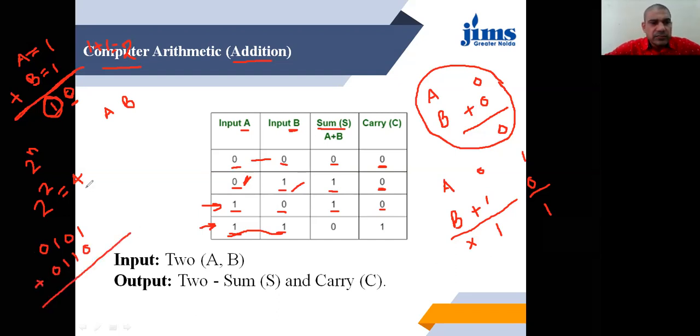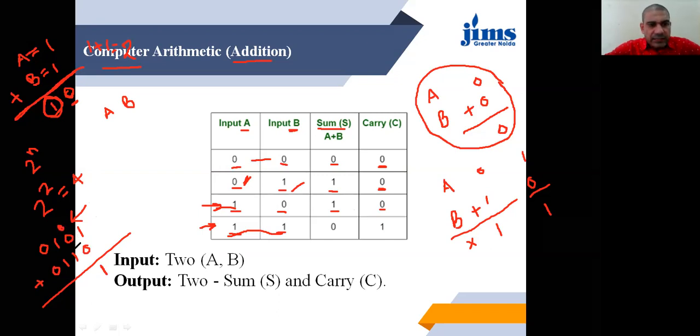We have to start from the right, as we do in decimal numbers. This is 1 plus 0, the third case, where the sum is 1 and the carry is 0.